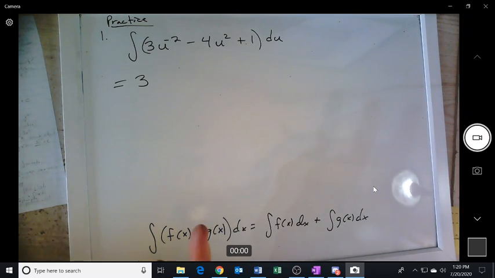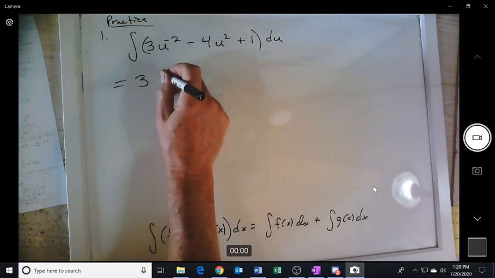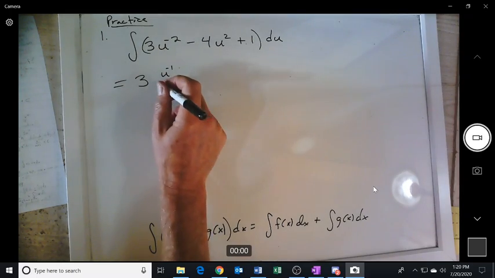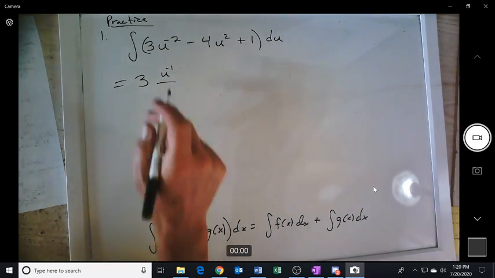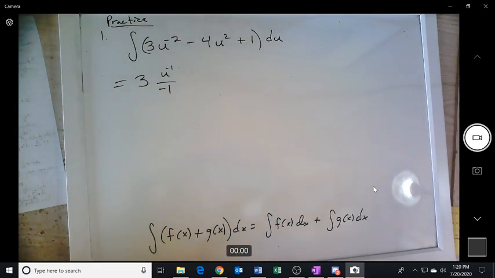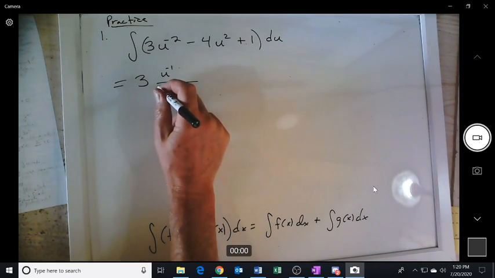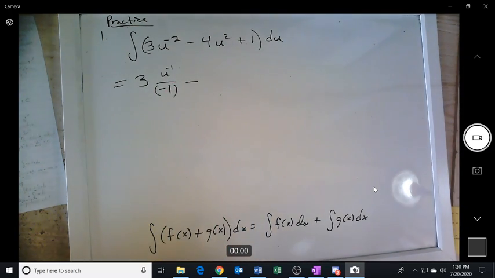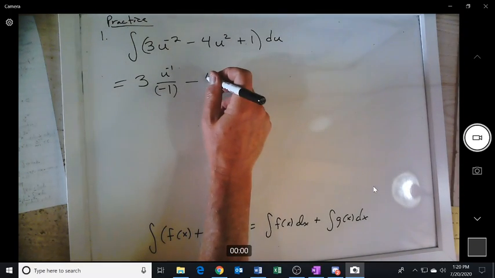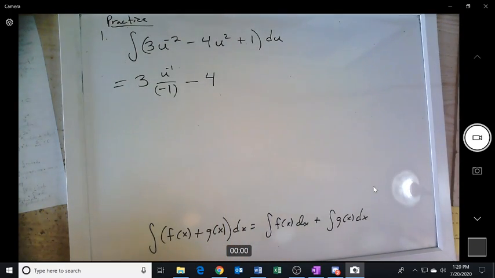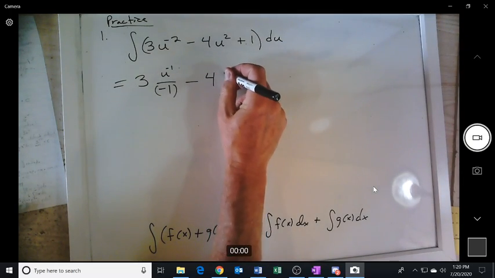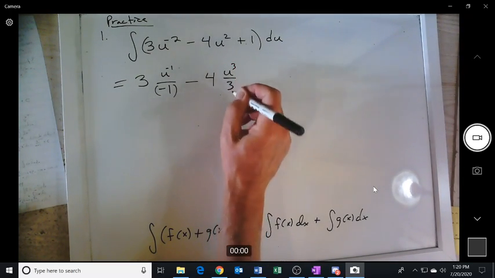I add 1 to the exponent and then put it over whatever that exponent is. And then minus 4, the constant comes out in front, and then this one I add 1 to it, so it becomes u cubed over 3.